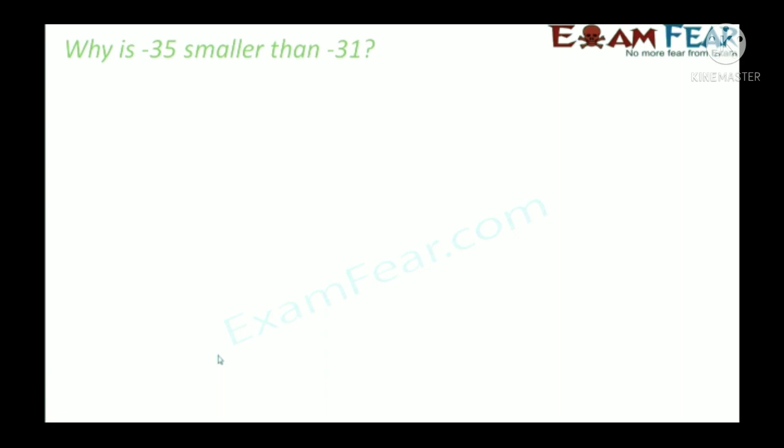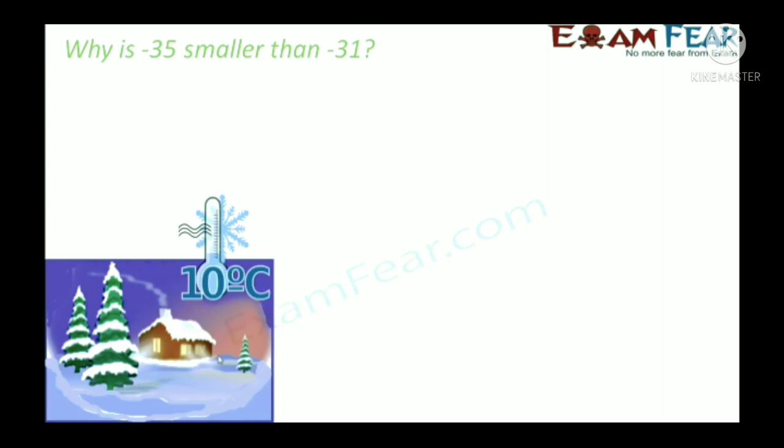So now, as I mentioned, comparing two negative numbers, though I have explained it, I would spend one more slide on this so that you do not have any confusion left. So let us take this real life example. Let us say that on a cold day, we find that the temperature of this hilly station is 10 degrees Celsius.